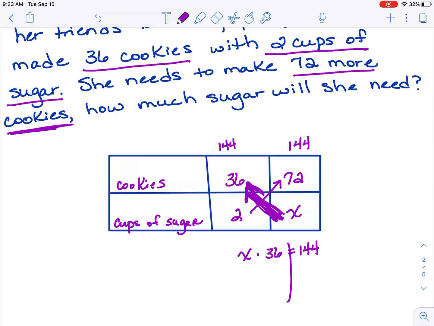I want to get that x by itself. So I want to get rid of that times 36. So to get rid of something, I do the opposite. So the opposite of multiplying 36 is divide 36. And whatever I do to one side, I do to the other. These cancel out. And 144 divided by 36, I don't know, where's my calculator?